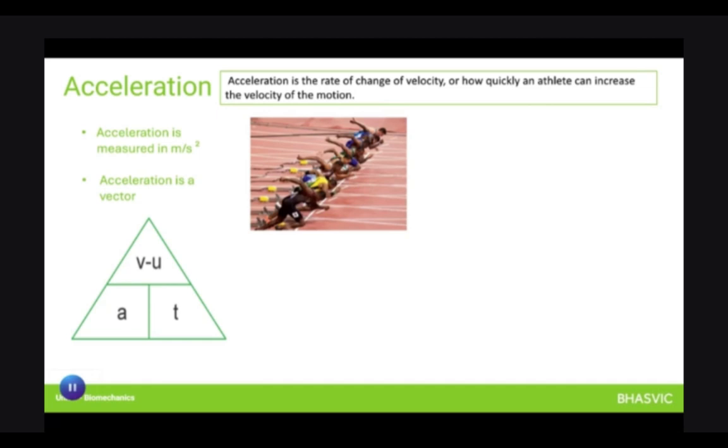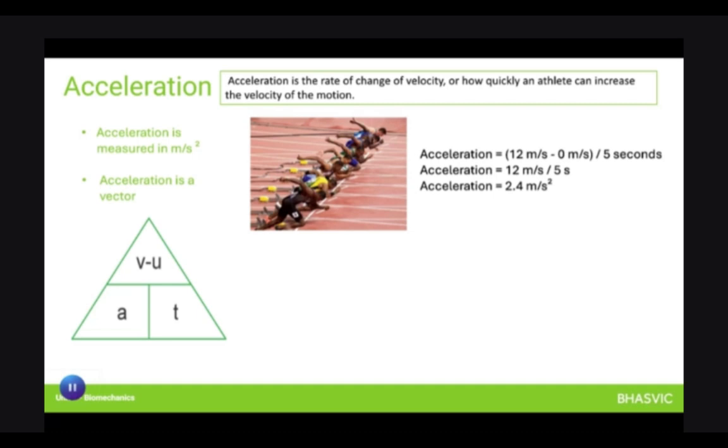In athletics, a sprinter accelerating from a standstill position at the start of a 100-meter race demonstrates acceleration. If the sprinter reaches a final velocity of 12 meters per second at the 50-meter mark, starting from a standstill position, which is 0 meters per second, over 5 seconds, it would be calculated by acceleration equals 12 meters per second, take away 0 meters per second, divided by 5 seconds, which would be acceleration equals 12 meters per second divided by 5 seconds, and the final acceleration would be 2.4 meters per second squared.